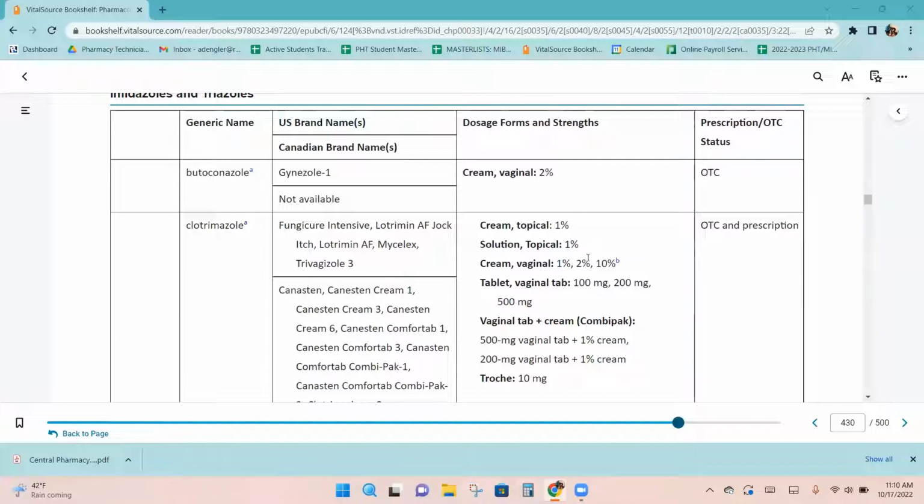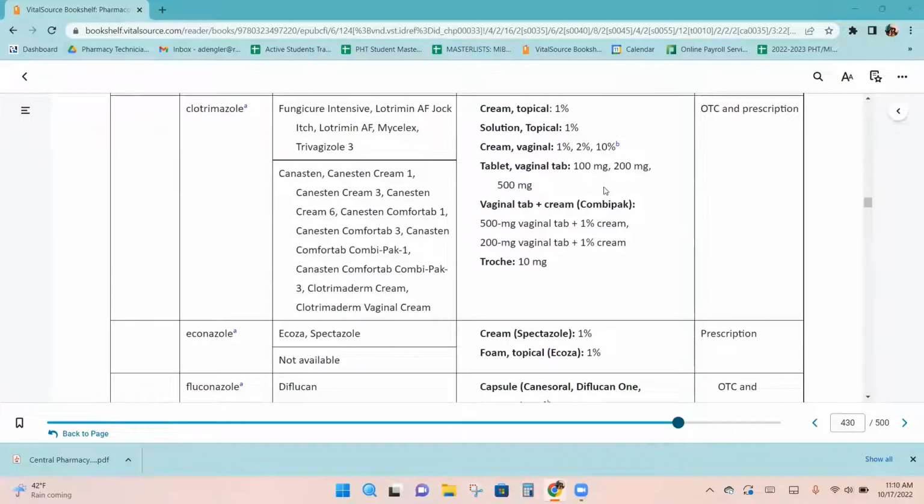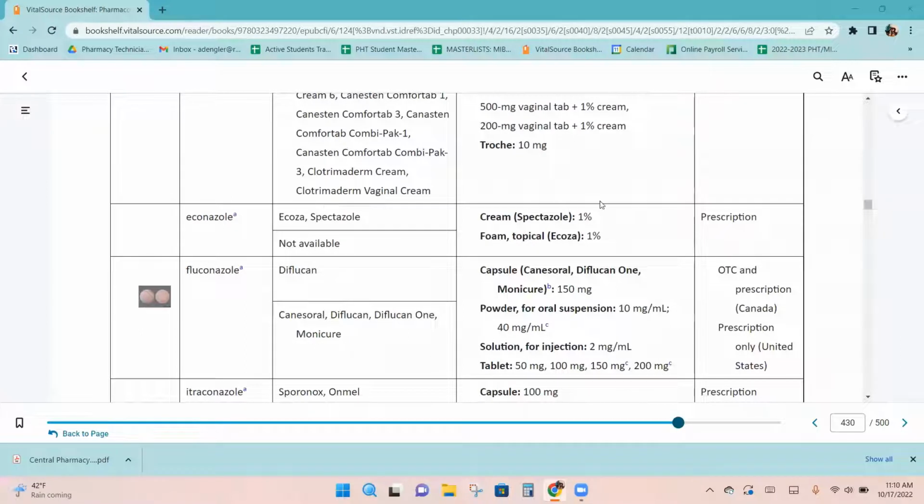So we have a topical cream, a topical solution, a vaginal cream, a vaginal tablet, a vaginal tab and cream, and a troche, which is like a lozenge. And econazole, we have a cream and a foam. Fluconazole, we have the capsule that comes like in the little card, that's 150 milligrams.